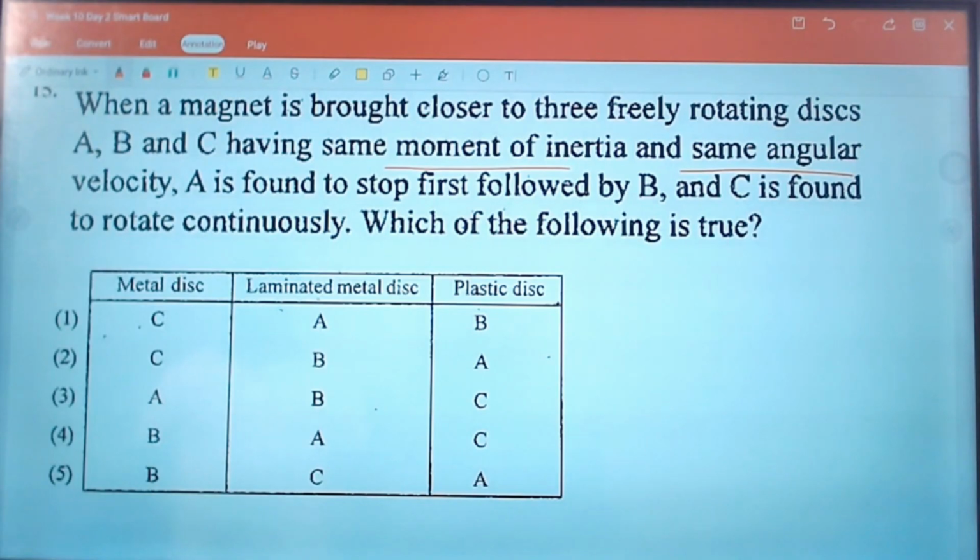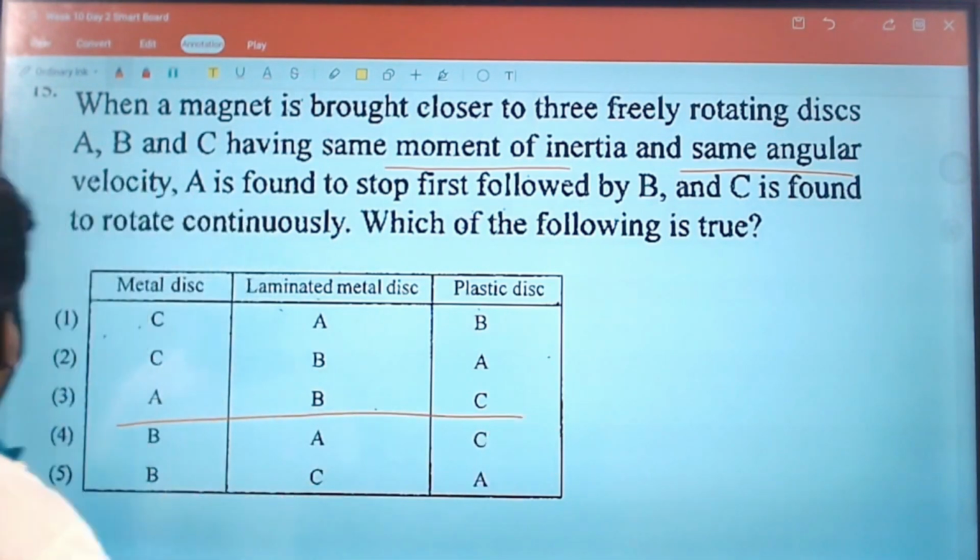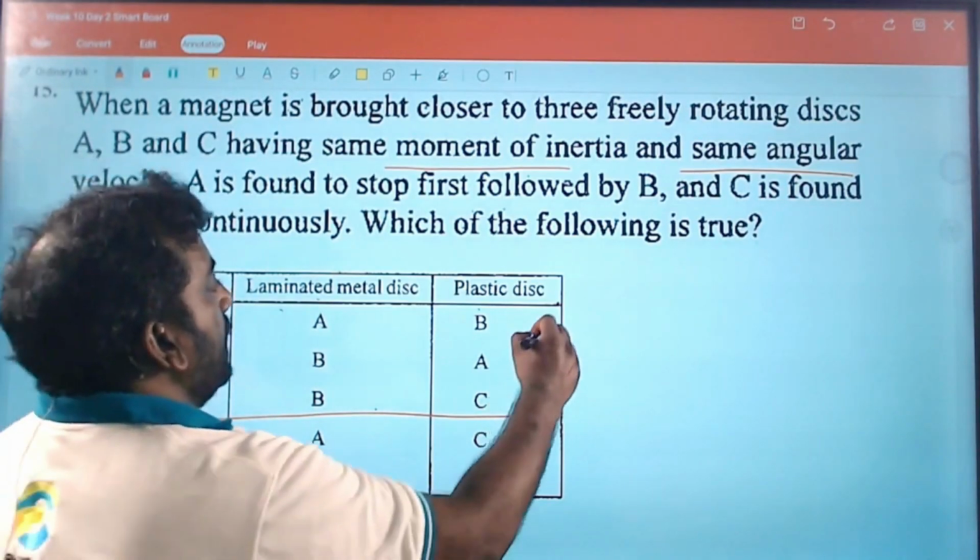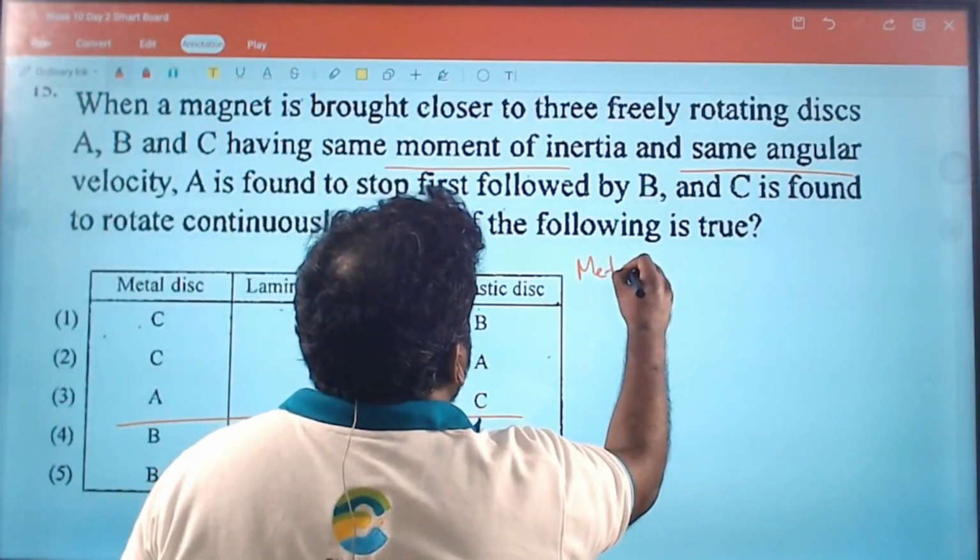Plastic disc, no eddy currents form. So it will keep rotating for a long time. So correct answer is going to be answer number 3.